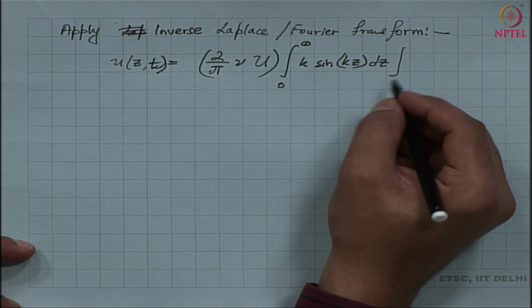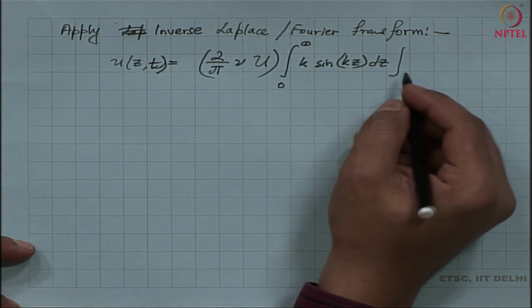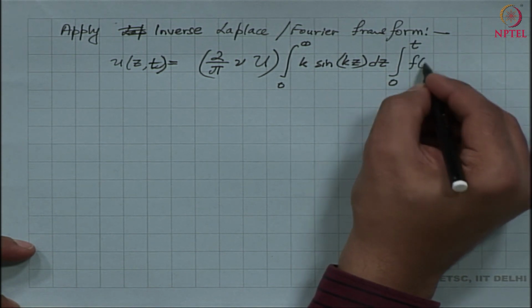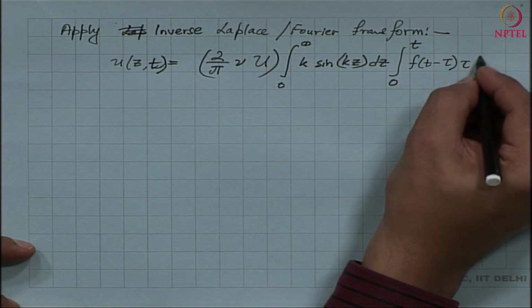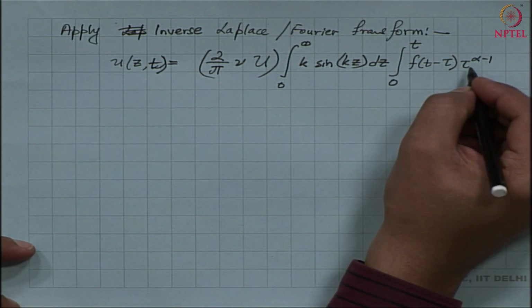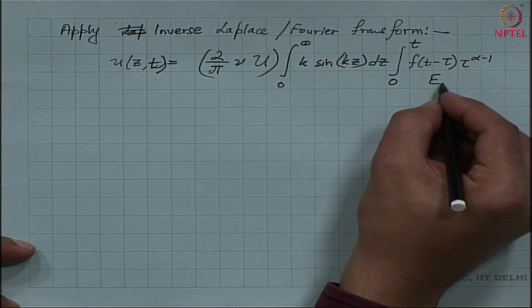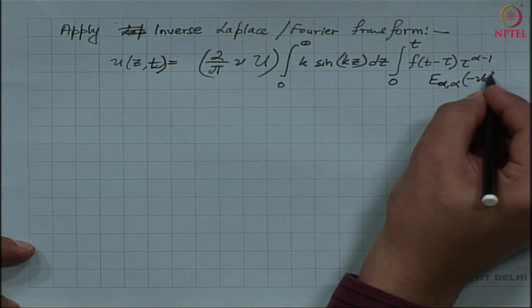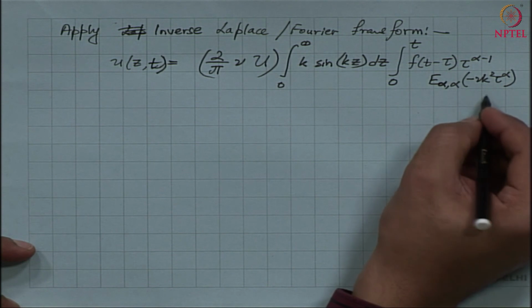The inverse Laplace transform will give me right away a convolution. So, the Laplace convolution integral is as follows: f of t minus tau, and then due to the factor that we had, I am going to get a Mittag-Leffler expansion. So, I have the following: tau to the power alpha minus 1 times E of alpha comma alpha of minus nu k square tau to the power alpha, d tau.